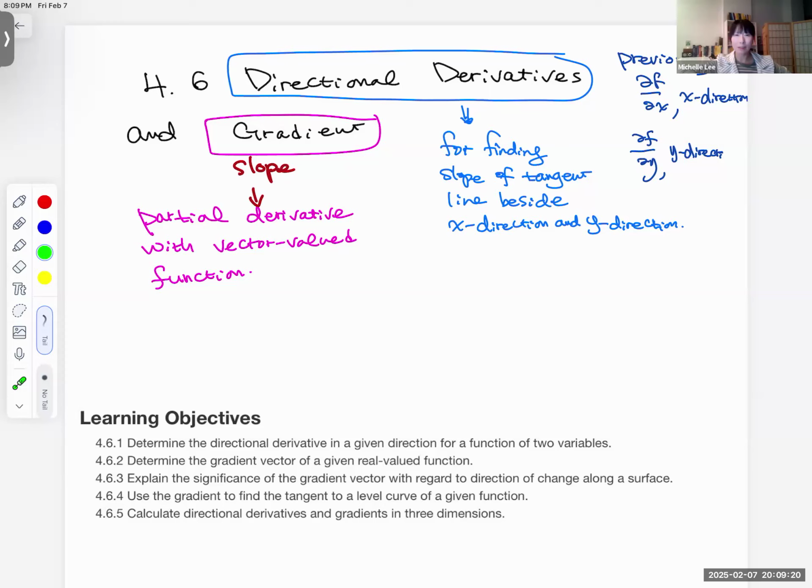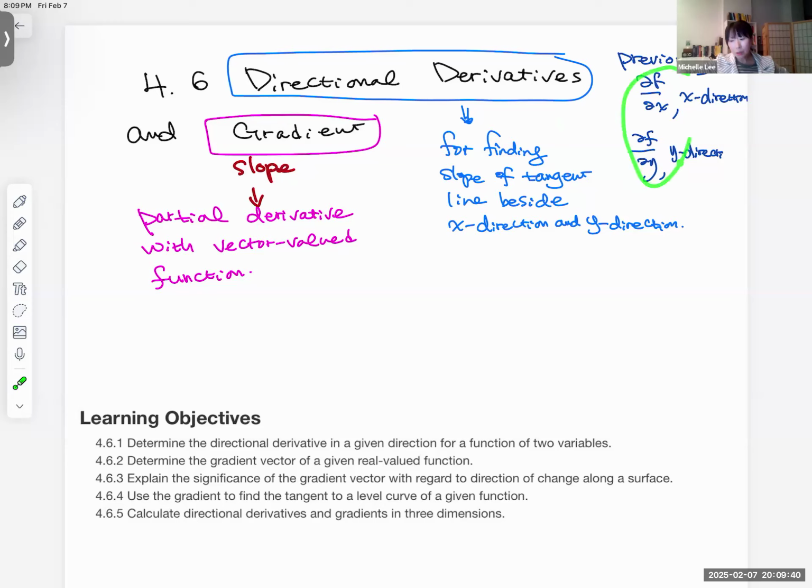Make sense? Okay. Now we have another terminology here. So gradient. So this is a fancy word for slope. So we're gonna find the slope. So what kind of slope is this? This is also slope, right?